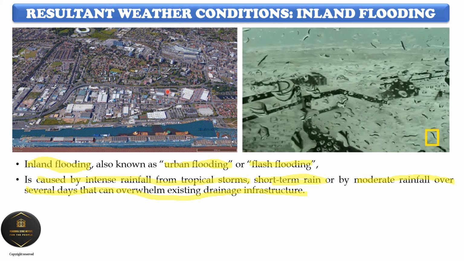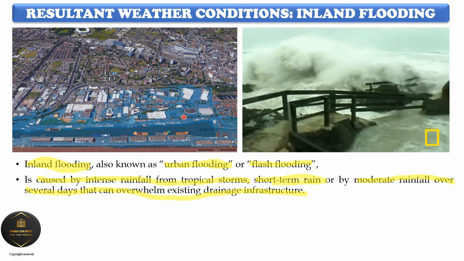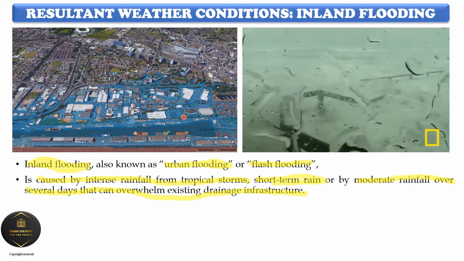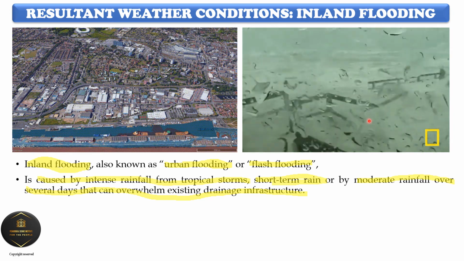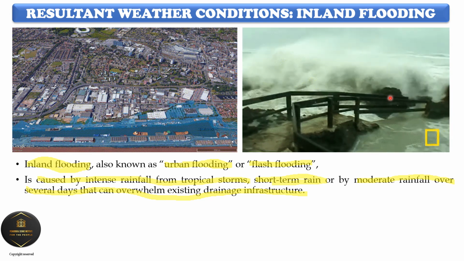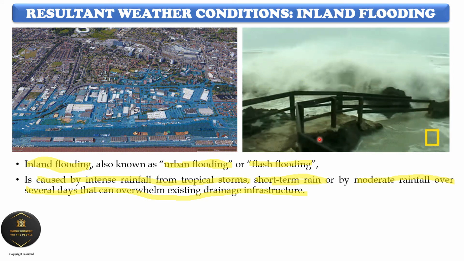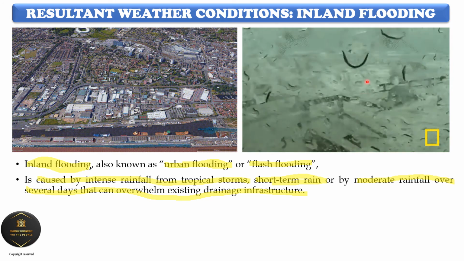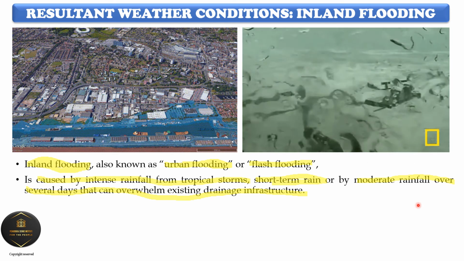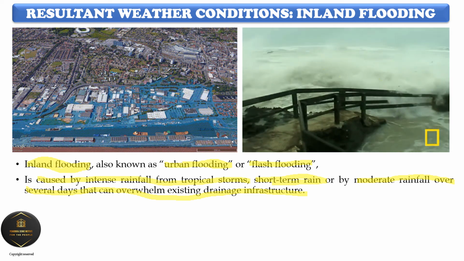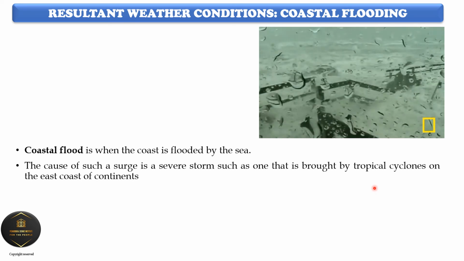So it's water just increasing due to us having short-term heavy rainfall or moderate rainfall over a long period of time. So the animation here on the side again is showing us the devastating effect of this rainfall, especially when it happens along a river or the ocean as well. So it may cause damage to infrastructure and affect regions as a result. Okay, so that's what we have over there.